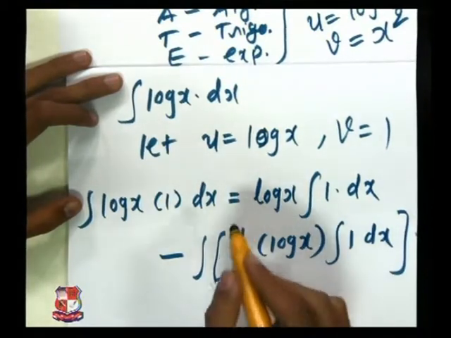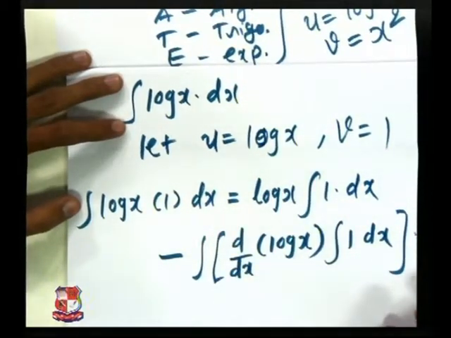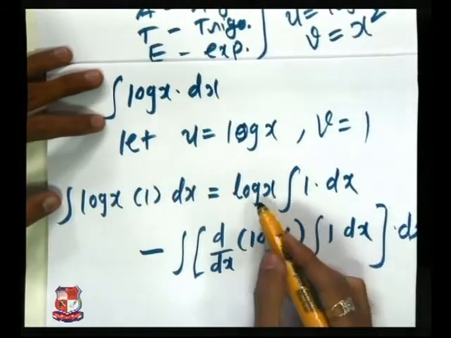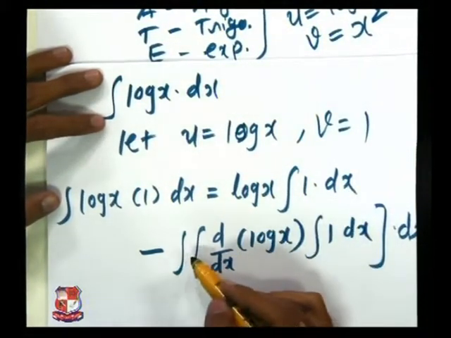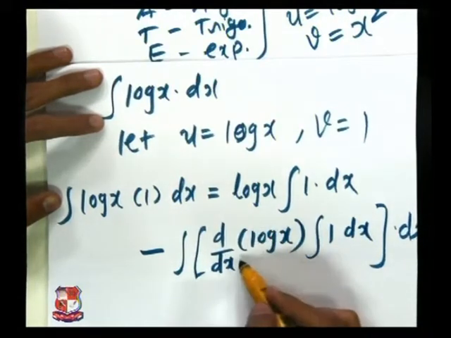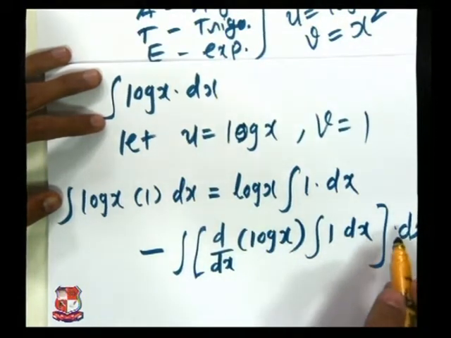This is as per the rule of integration by parts, that means u integration of v dx minus integration of du by dx integration of v dx.